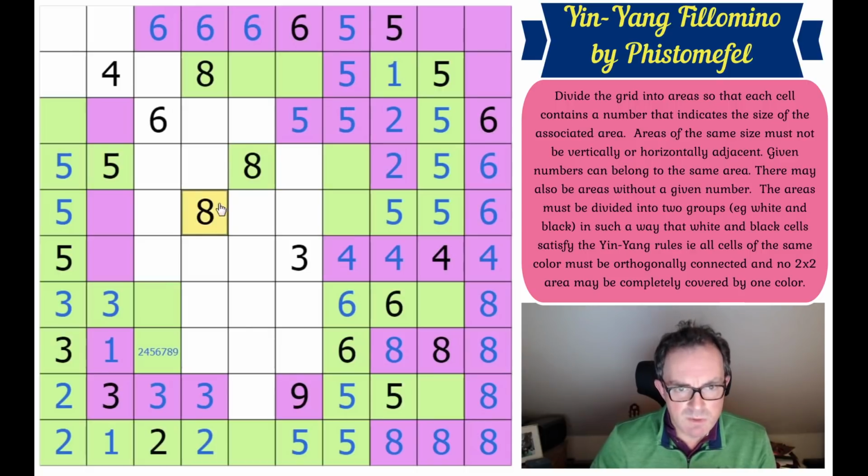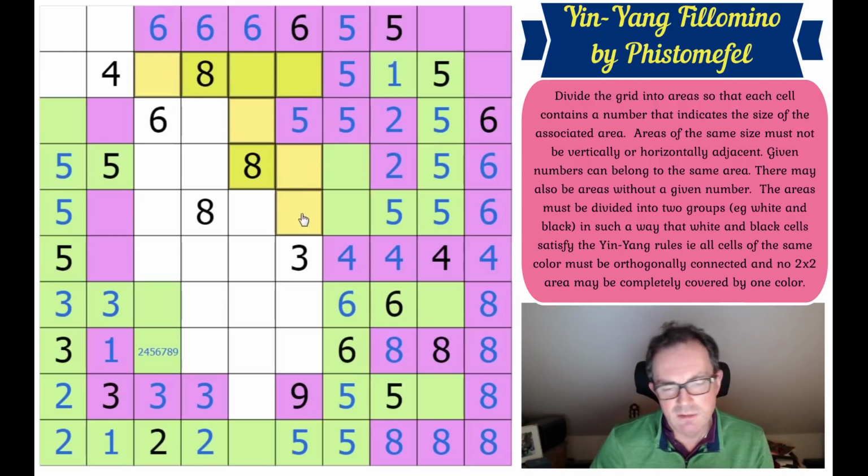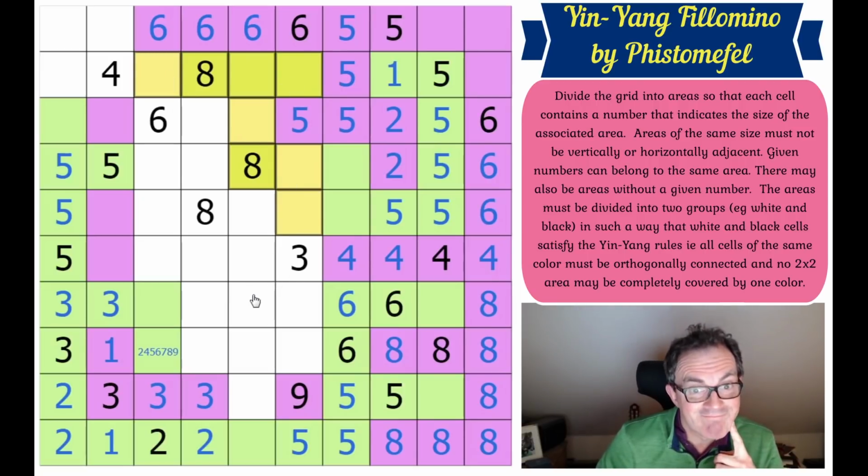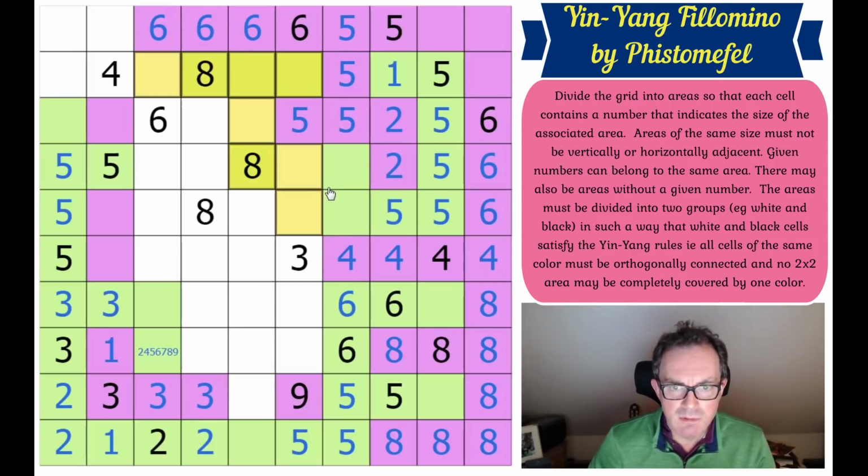This one is most probably part of this. Let's just have a think about this. Is it possible this comes out without touching this? I don't believe it. It might be, you know. Although that would create a 2 by 2, so I've got to be really careful. 2, 3, 4, 5, 6. We know these are green.